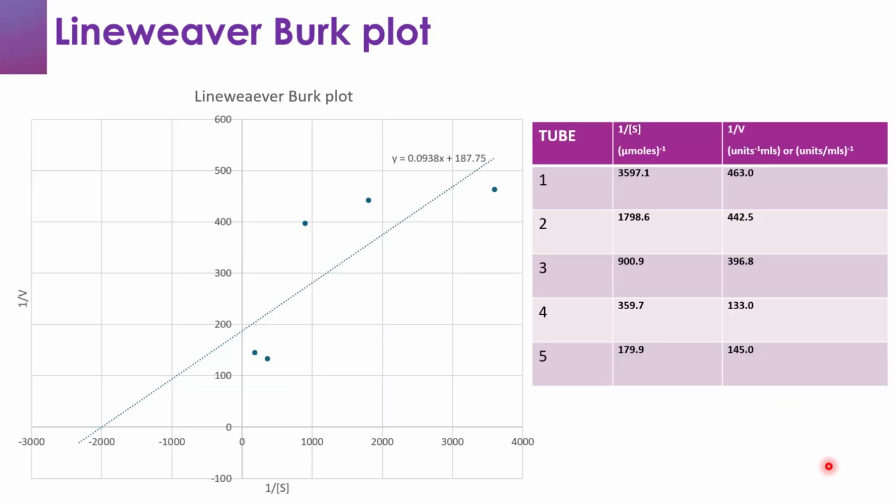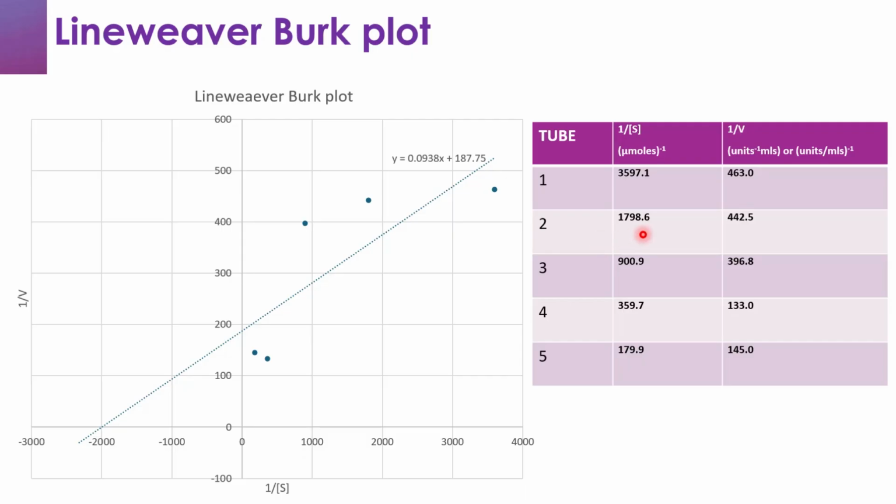So this is our table showing the values that we are going to plot to obtain the Michaelis-Menten plot. For the first test tube, we have the inverse of the substrate, which is 1 over the substrate concentration, to be 3597.1, and our 1 over v given as this.